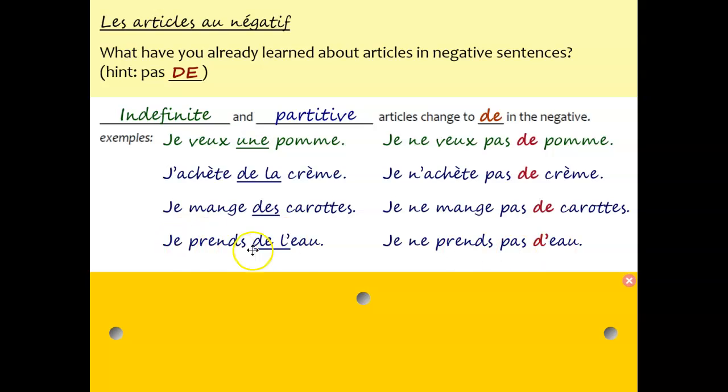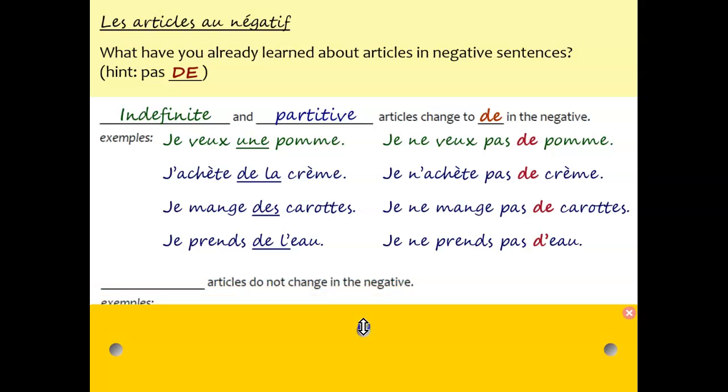And that would happen even if this was des or un or une. Whenever this word starts with a vowel sound, you can't put de in front of a vowel sound, so it becomes d', essentially just a shortened form of de. So un, une, and any form of de, all of those words change to simply de in a negative sentence.